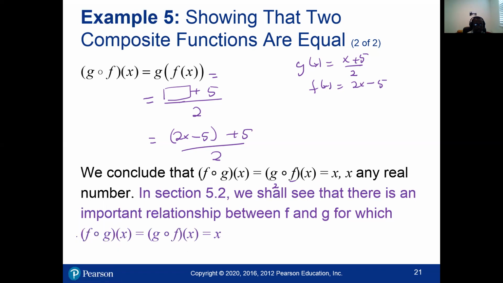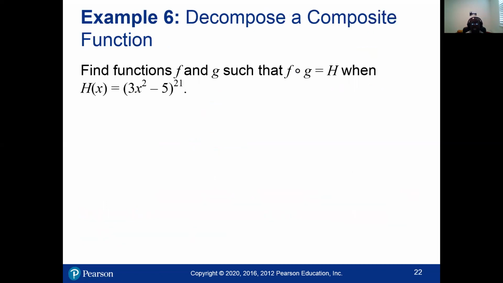Okay, so now let's go to the next one. This time we're going in reverse. They've given you the composite function and you want to decompose it, in other words, find the components of the composite function. Here we want to find the functions f and g such that f of g is equal to h, where h is this.